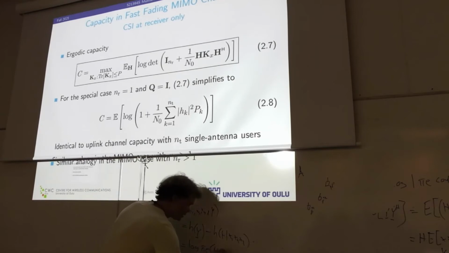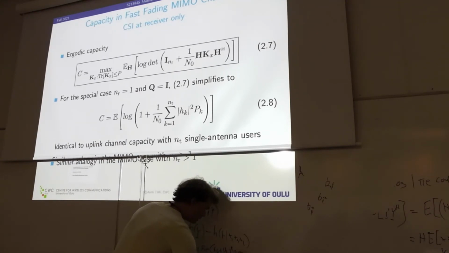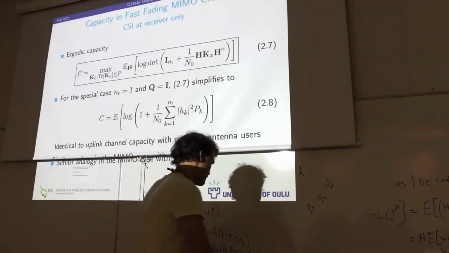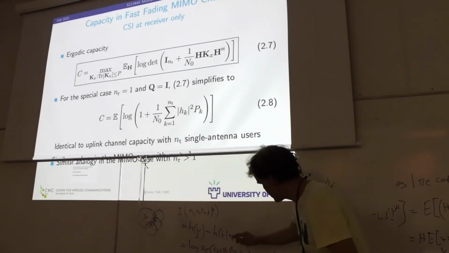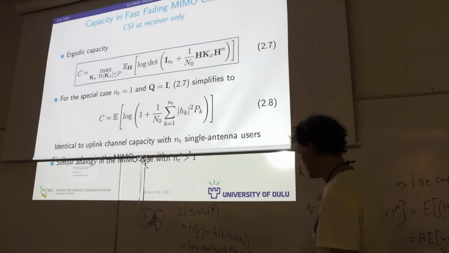The variance of y is N0 plus |h1|^2 P1 plus |h2|^2 P2 plus |h3|^2 P3.